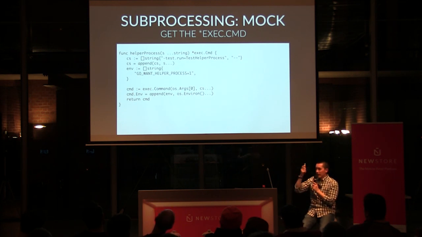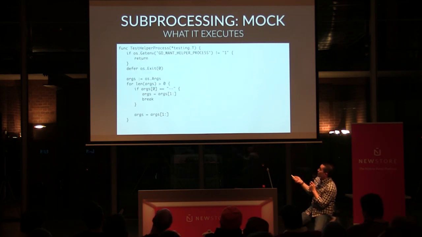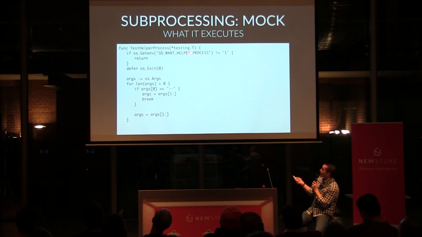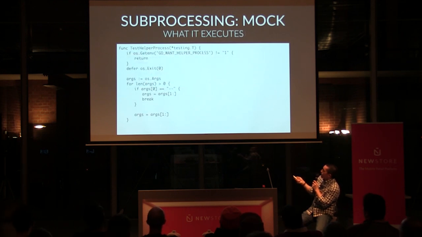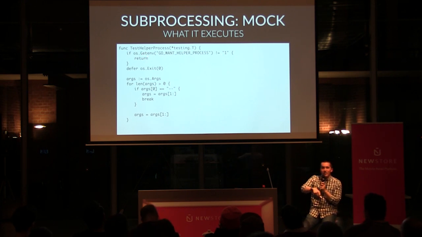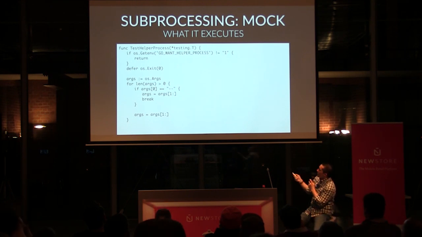Now let's see the receiving end of it. On the receiving end, we actually write a test. This is a test that Go will execute, called TestHelperProcess, which if you look back matches the thing that it's wanting you to execute. We then guard it with an environment variable that, if it's not set, just returns. So if this environment variable doesn't exist, the test always passes, so nothing happens. But if the envar exists, we actually do stuff.